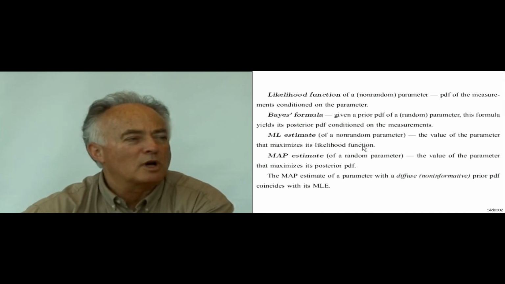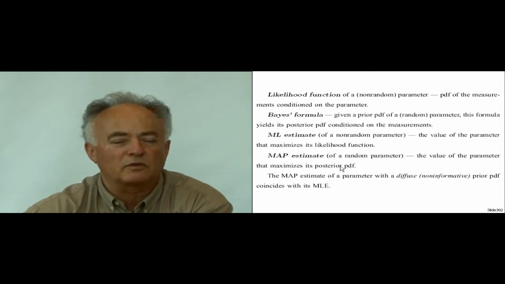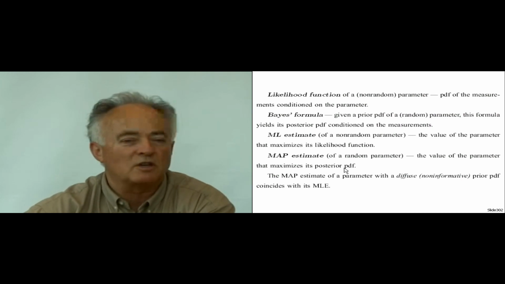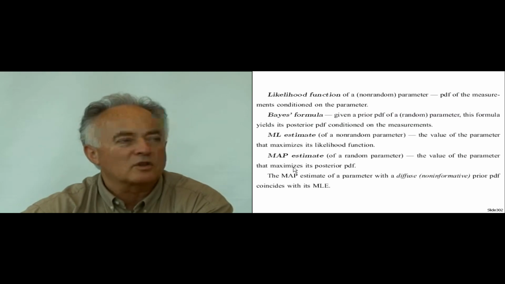The maximum a posteriori estimate, or MAP, which pertains to a random parameter, is the value of the parameter that maximizes its posterior or conditional PDF. So that's the p of x given z. Its maximum is this. The maximum of p of z given x is the ML estimate.